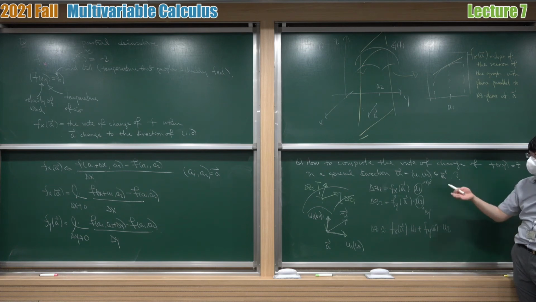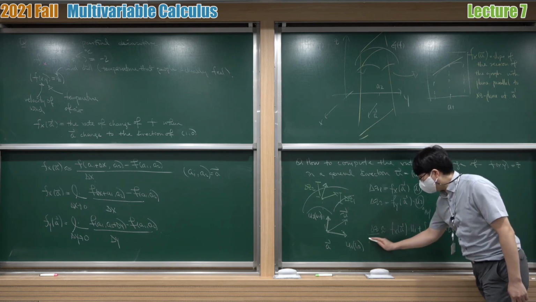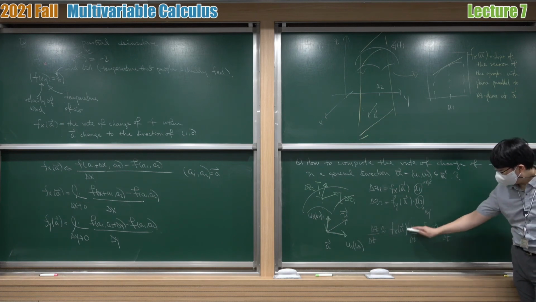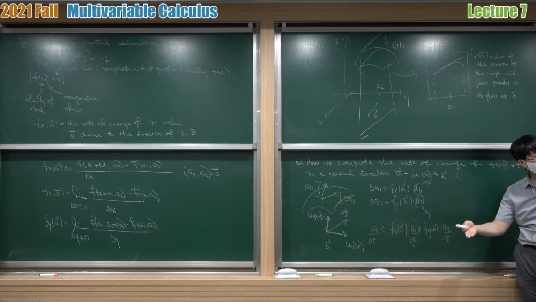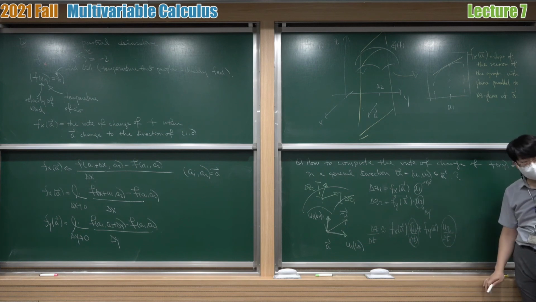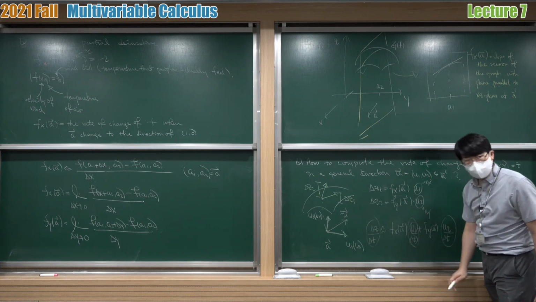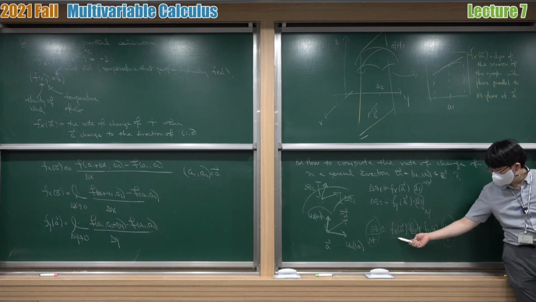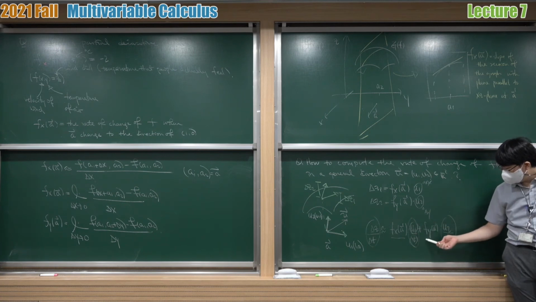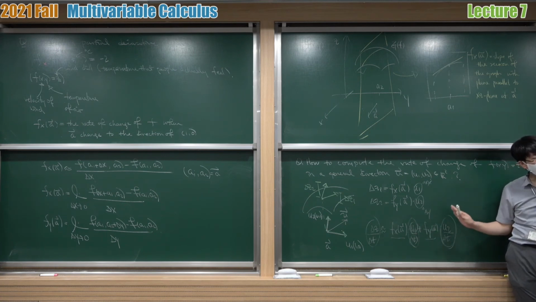If you want to talk about the rate of change, you have to introduce the notion of time. If you divide your value by time, this becomes the first coordinate of the velocity, considering this as the distance and this as the time. Now it's the velocity in the x direction, and this is the velocity in the y direction, and the rate of change of the function value equals the partial derivative times the first coordinate plus the partial derivative times the second coordinate. This is how you can imagine the rate of change.